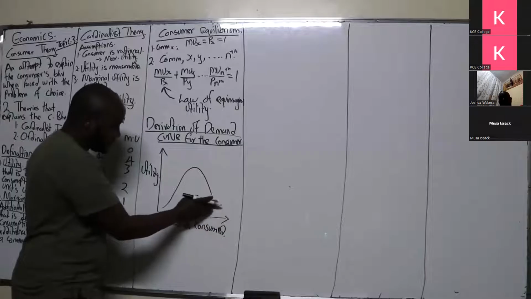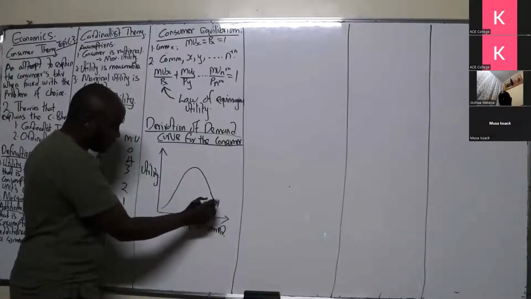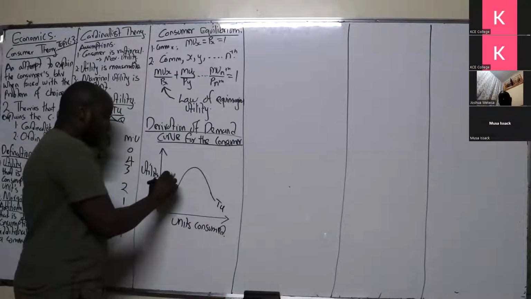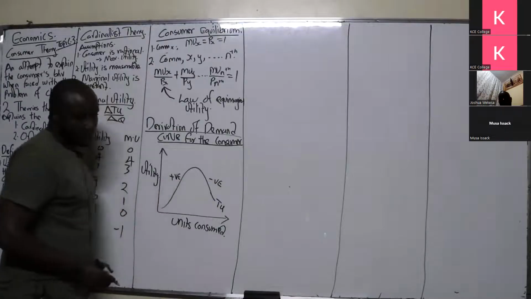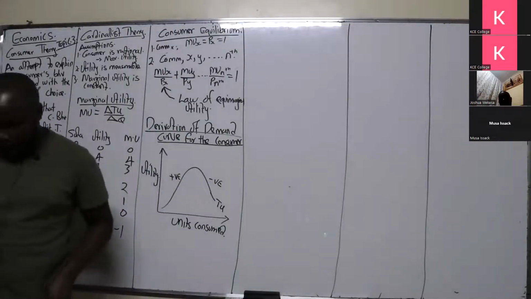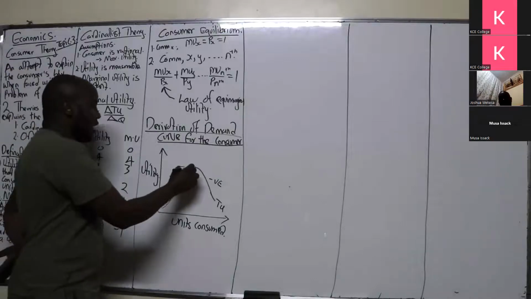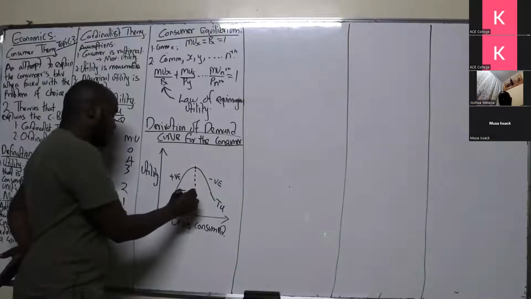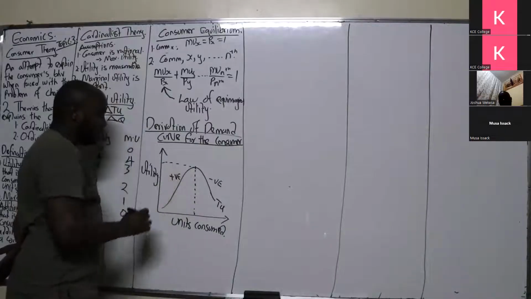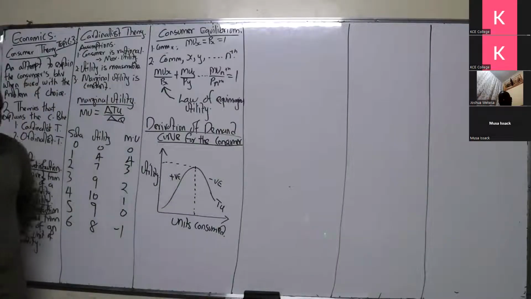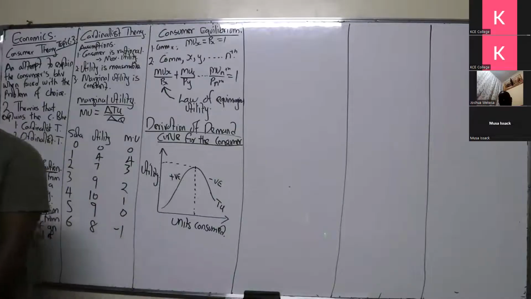This shall be our total utility. This is positive, this is negative. This is whereby you are satisfied. You are full now.